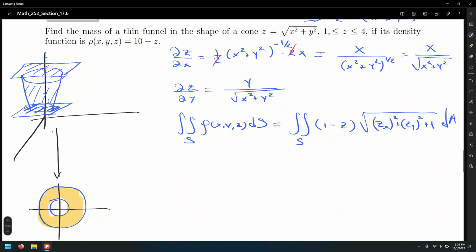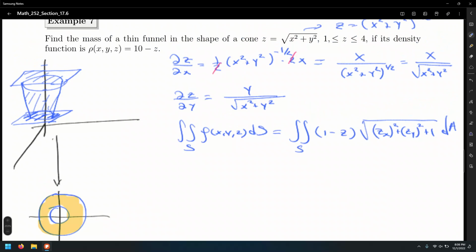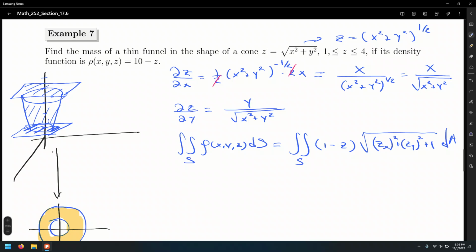All right, so let's substitute the partial derivatives. It's not going to be pretty. And again, I'm going to do another substitution, because notice this is a double integral, and when we iterate it, whether it's dy dx or dx dy, we should be working with functions that are only functions of x and y. Did you see the z here? We need to replace it with its corresponding function of x and y, which we have here.